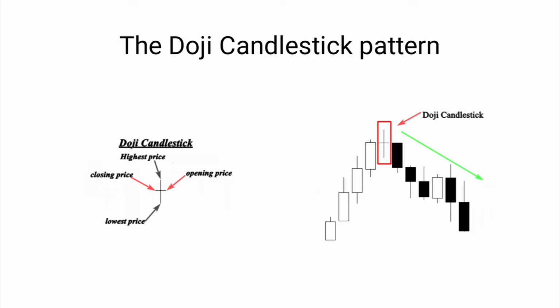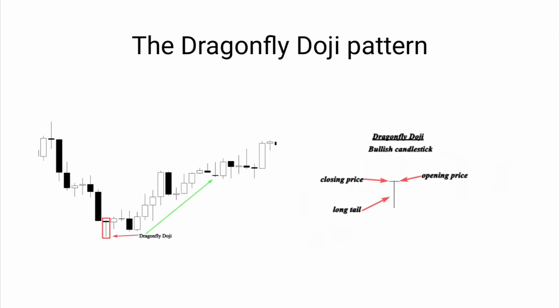Then there is also the Doji candlestick pattern. They also mean something. Then there is also the Dragonfly Doji pattern. All these, you can appreciate them. If you see them, they may mean a reversal.